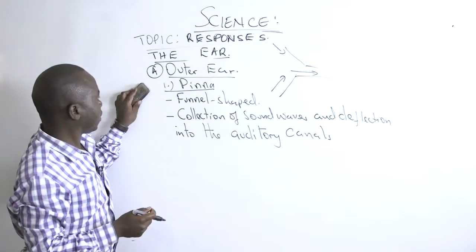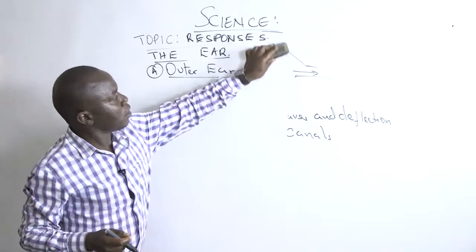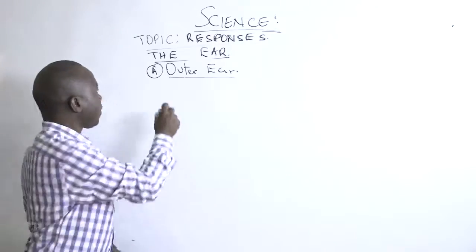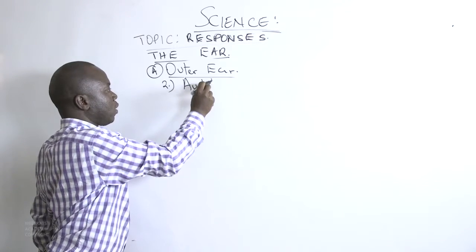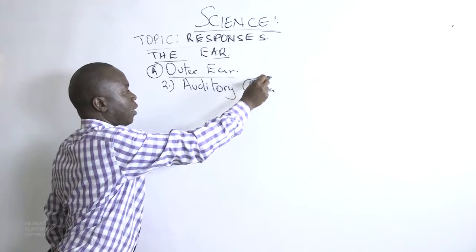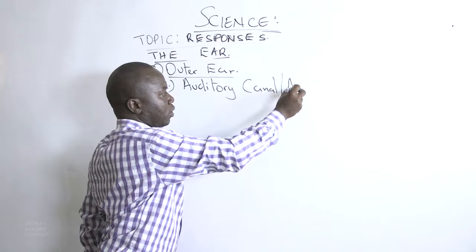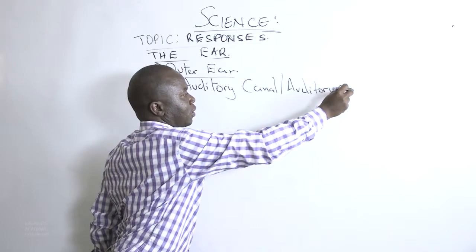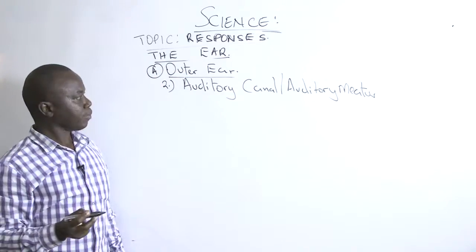The other part is the auditory canal, number 2. It is also given the name auditory meatus.